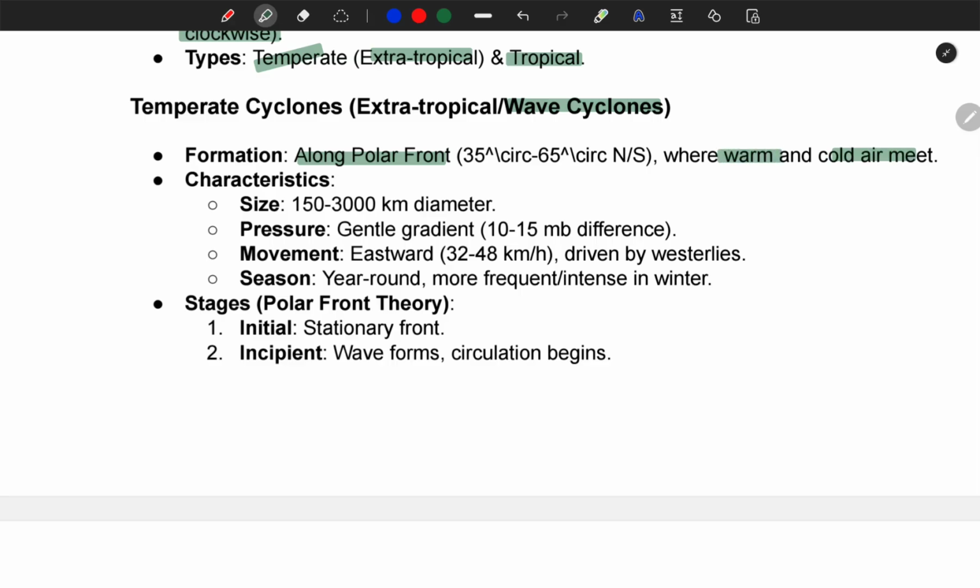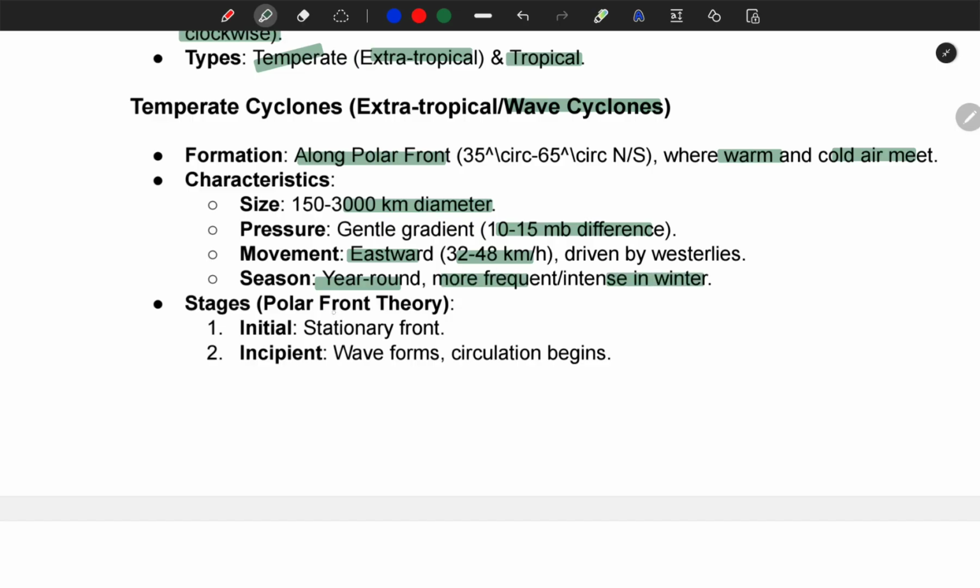Characteristics: size 150 to 3000 km diameter. Pressure: gentle gradient, 10 to 15 mb differences. Movement: eastward, 32 to 48 km per hour, driven by westerlies. Seasons: year round, more frequent and intense in winter.